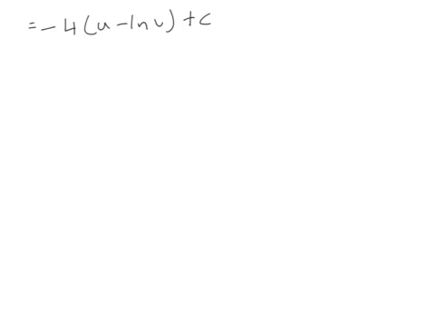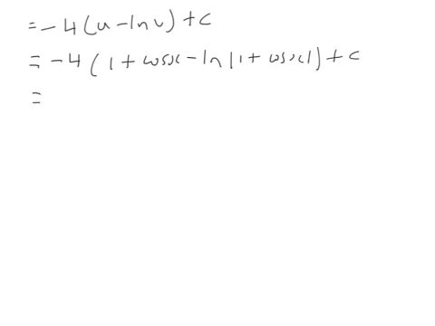Now we need to substitute back in, because we know what u is. u is 1 plus cos x. So it's minus 4 times 1, that's minus 4, minus 4 cos x.